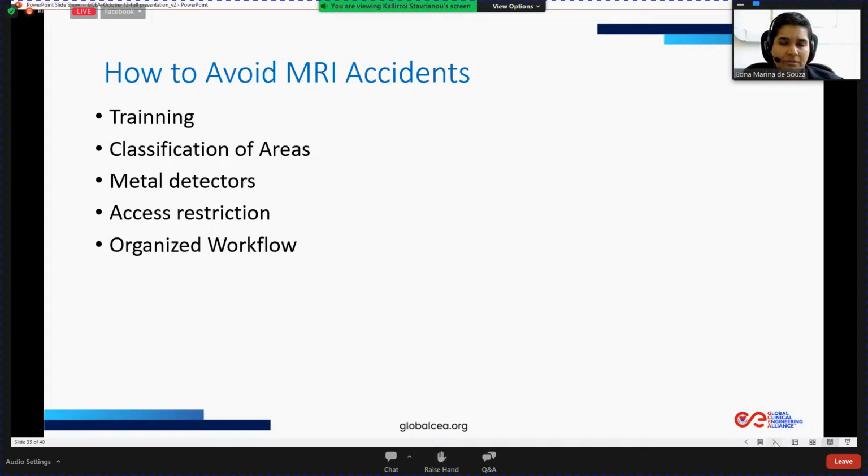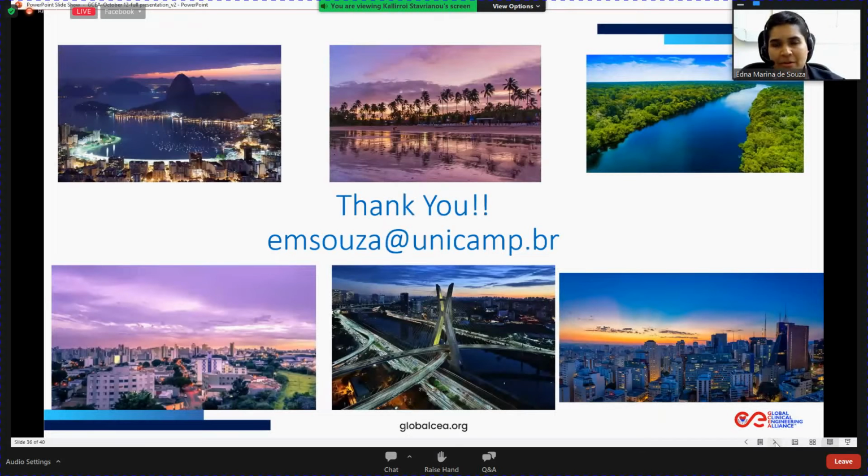Access restrictions for people who don't know the safety rules of the MRI environment. And finally, an organized exam workflow. Next, please. Thank you very much for your attention, and I'm here for any questions you have.